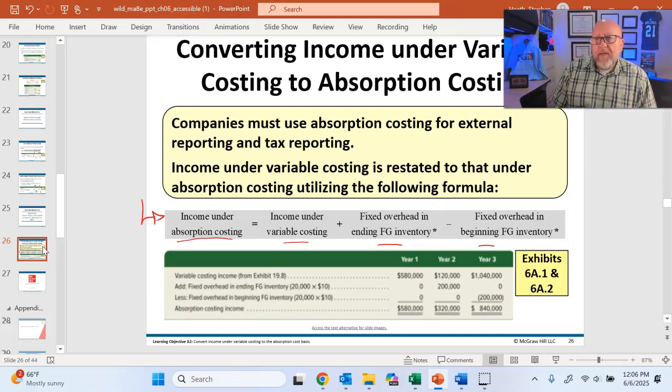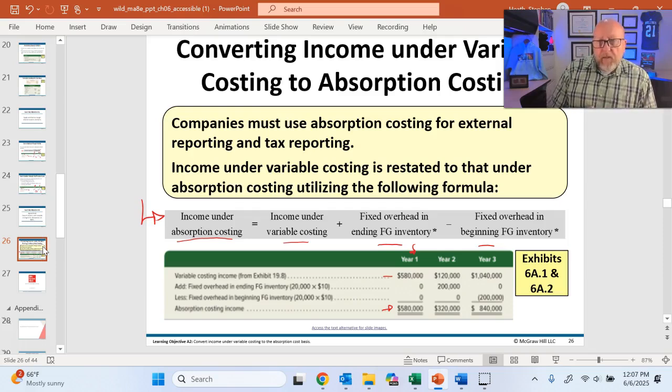So in the instance where I have no inventory in finished goods, beginning or ending, my variable costing is going to equal my absorption costing. Or it could be the case that finished goods beginning is the same as finished goods ending, and if that's the case, then the two cancel each other out as well.